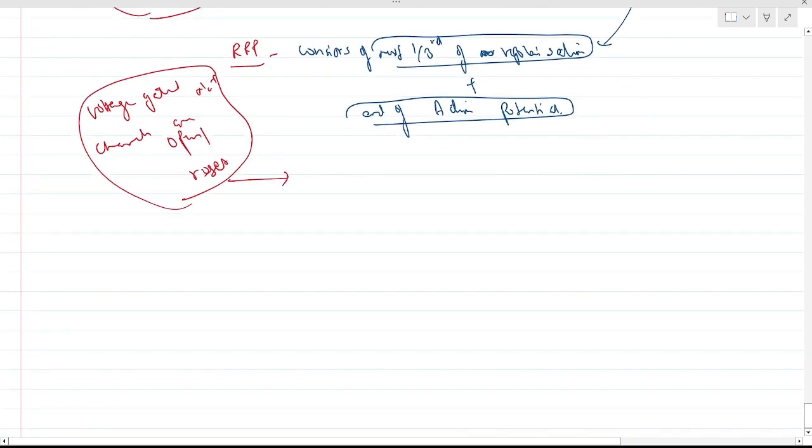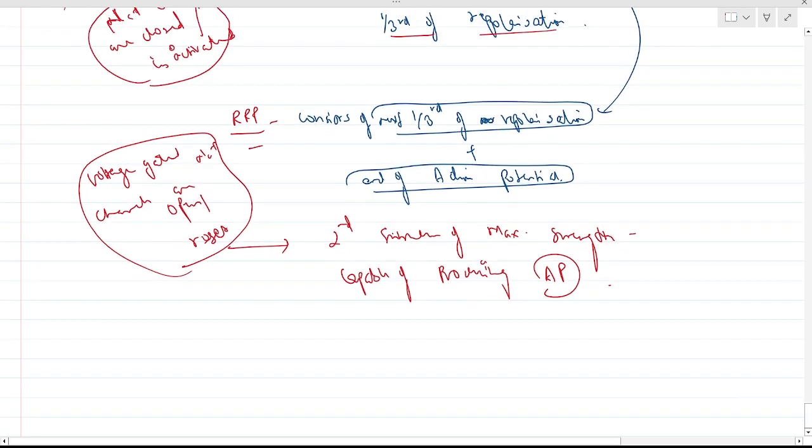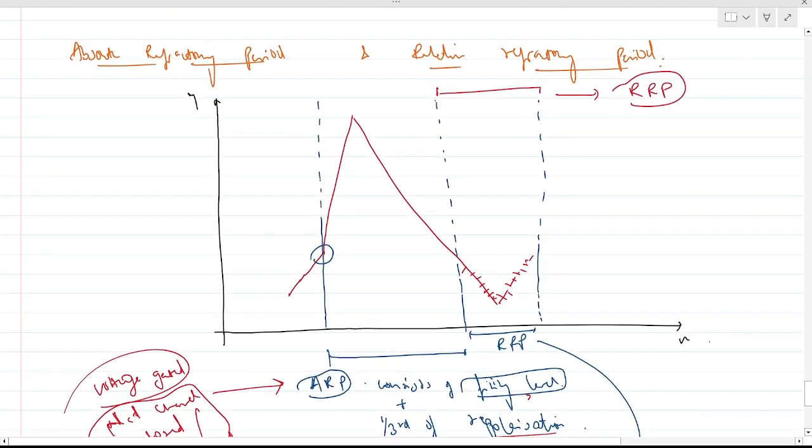Due to this, when we give a second stimulus of maximum strength, it is capable of producing an action potential. So this was about absolute and relative refractory periods.